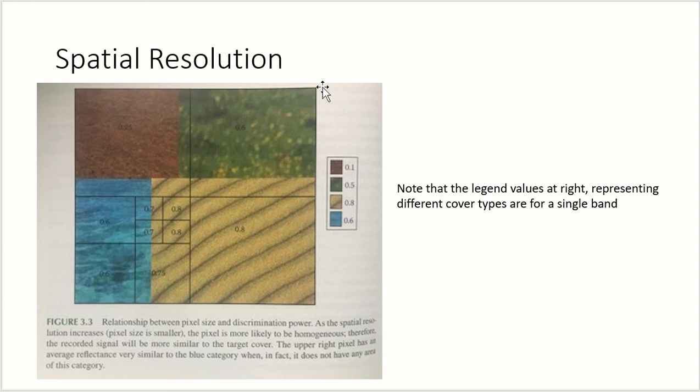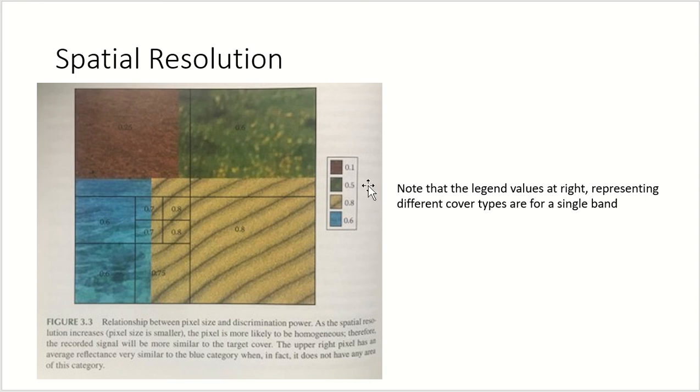A lot of the models that we'll use to try to estimate sub-pixel abundance of different categories just take a linear modeling approach. It says, okay, if three quarters of the cell footprint is green and one quarter is yellow, and we know the reflectance of yellow and green, we can just weight these values by the fraction.